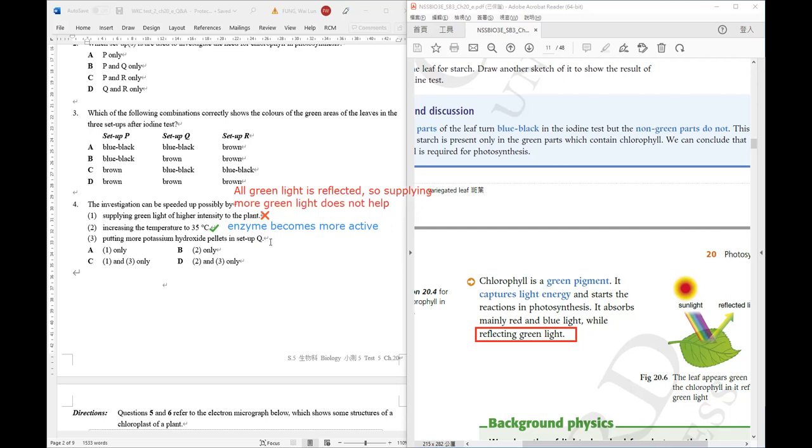Okay, and also in setup Q, all CO2 is removed, or you can say absorbed, and set up Q already. So in setup Q, there is no CO2.